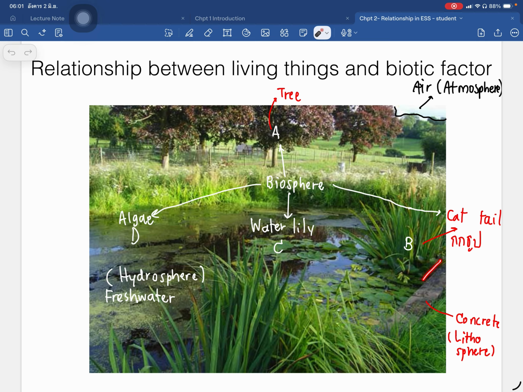We have concrete used for making the pond, like this. The tree represents the biosphere, the same way as the algae that live in the water lily and the cattle. The concrete represents the lithosphere, and the open air represents the atmosphere. So this is how the four layers in the Earth system work together.